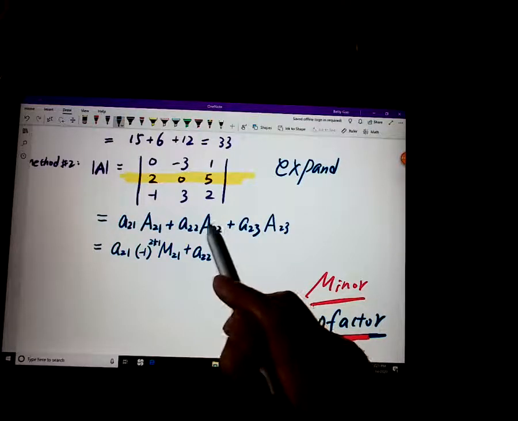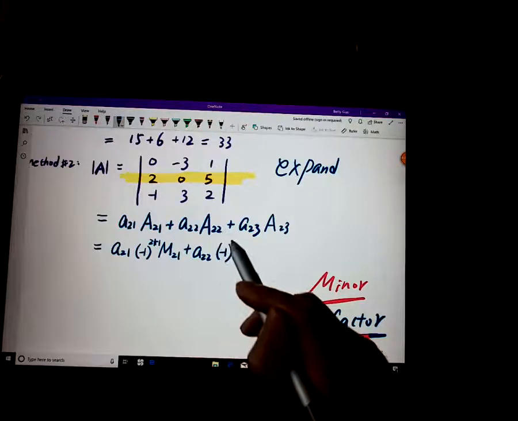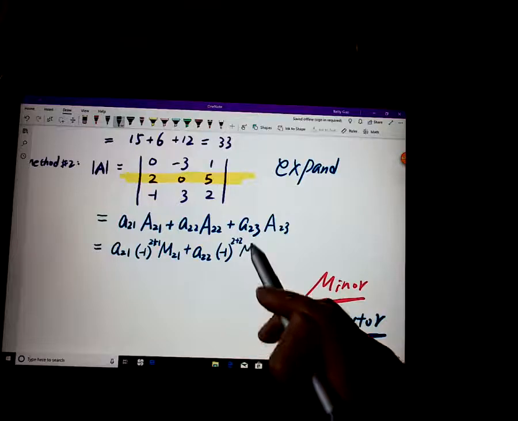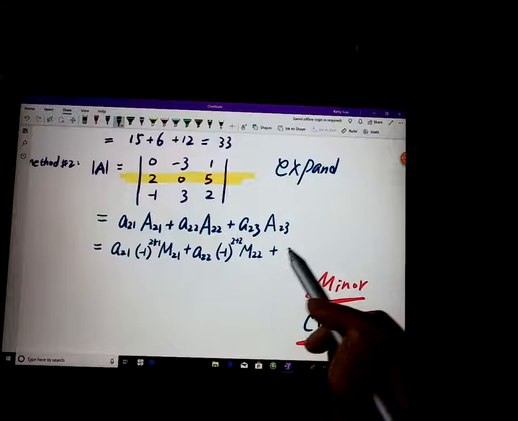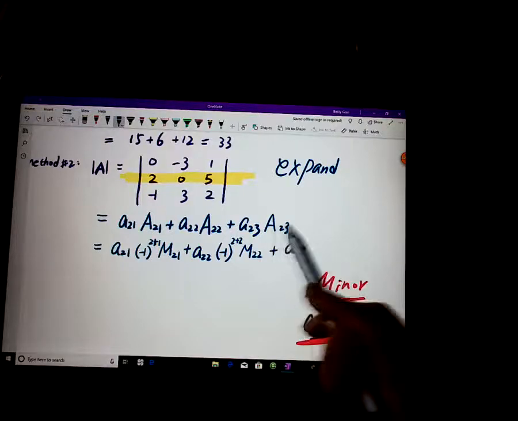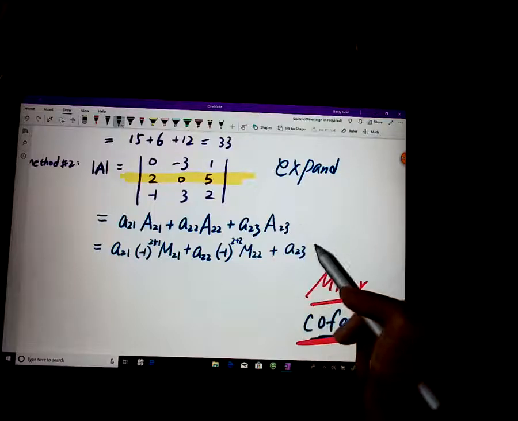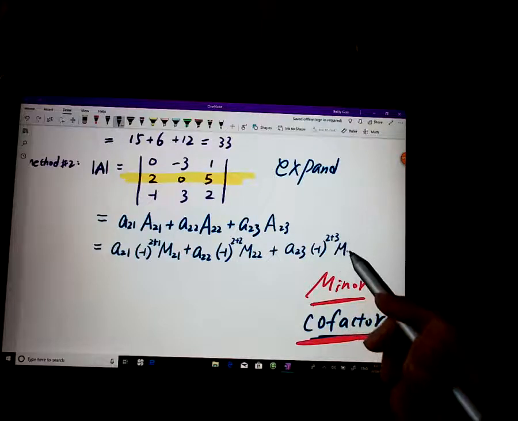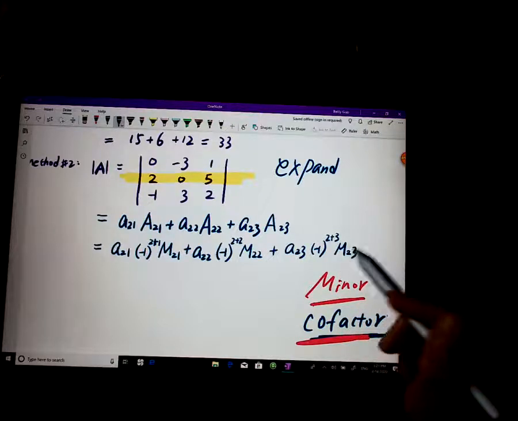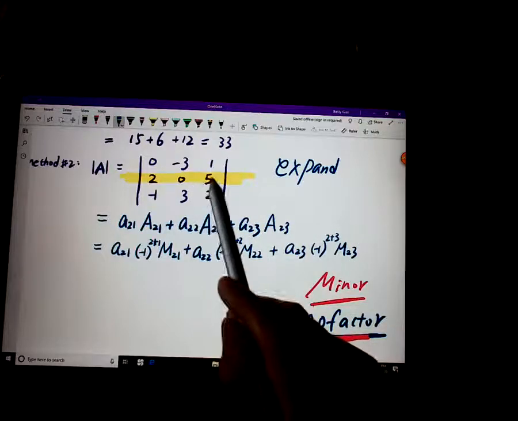The cofactor big A22 would be equal to -1 to the power of 2 plus 2 multiplied by its minor, big M22, plus A23, the cofactor, capital letter A sub 23, equals -1 to the power of 2 plus 3 multiplied by big M sub 23. Big M sub 23 is the minor of the entry 5.